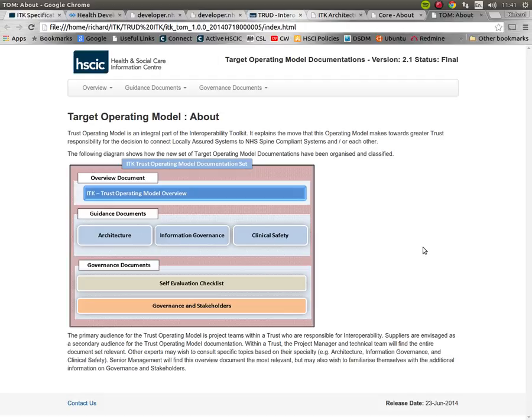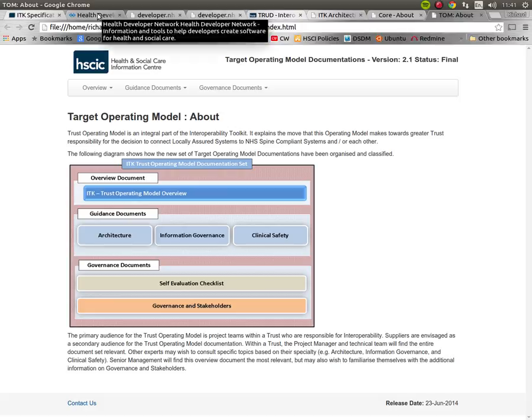So the trust operating model is basically a set of guidance documentations around architecture, IG, clinical safety, with checklists that exist, and it's very much focused around local interoperability and locally assured solutions. So it's really trying to give the implementers some resources to use should they not have them.